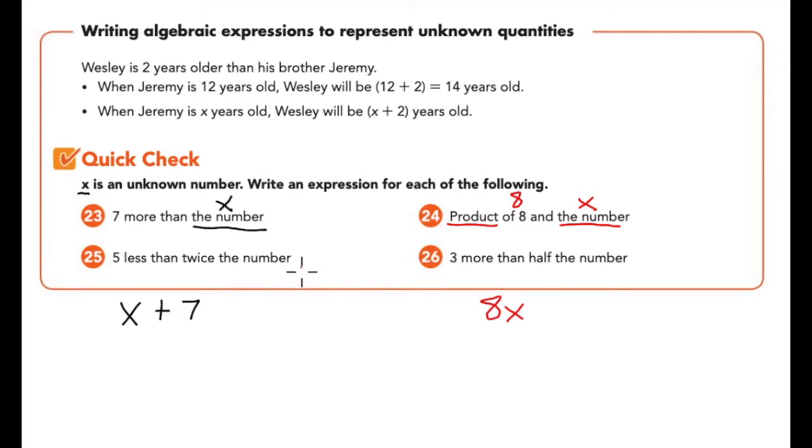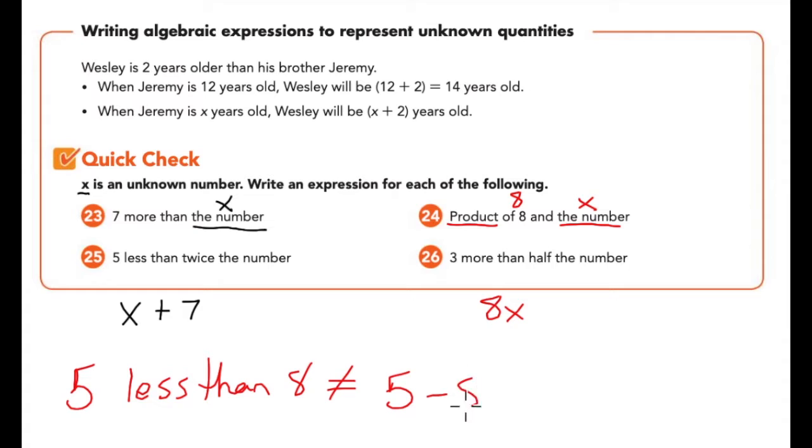For number 25, we have 5 less than twice the number. And we're going to look at a numerical part of this to begin. Let's say it was 5 less than 8. A common mistake that I see is people just write it as the numbers come, and they write 5 minus 8, because you think less than means subtract, which it does.